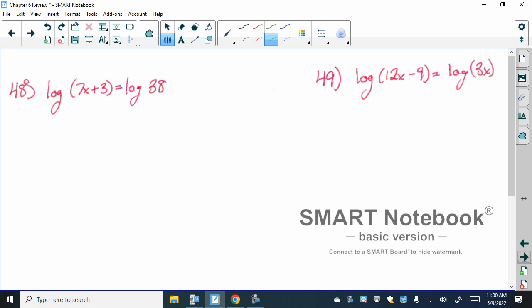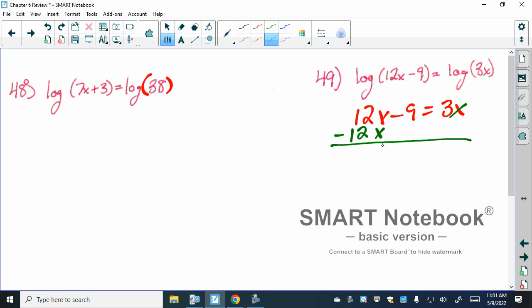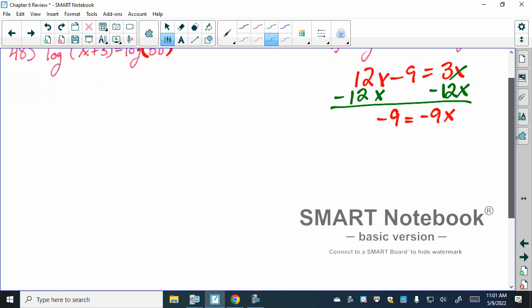Questions on 48 or 49? Are the logs the same? Yes, for both of these the logs are the same, yes? So what's inside has to be the same as well. So for either one of these, we can do 49: 12x minus 9 has to equal 3x. At this point here, we could subtract 12x from both sides, telling us negative 9 is equal to negative 9x.